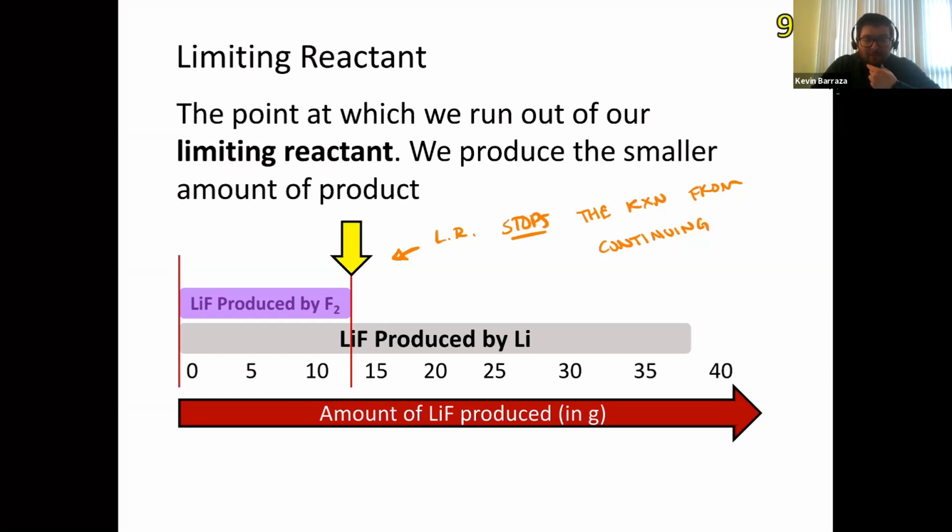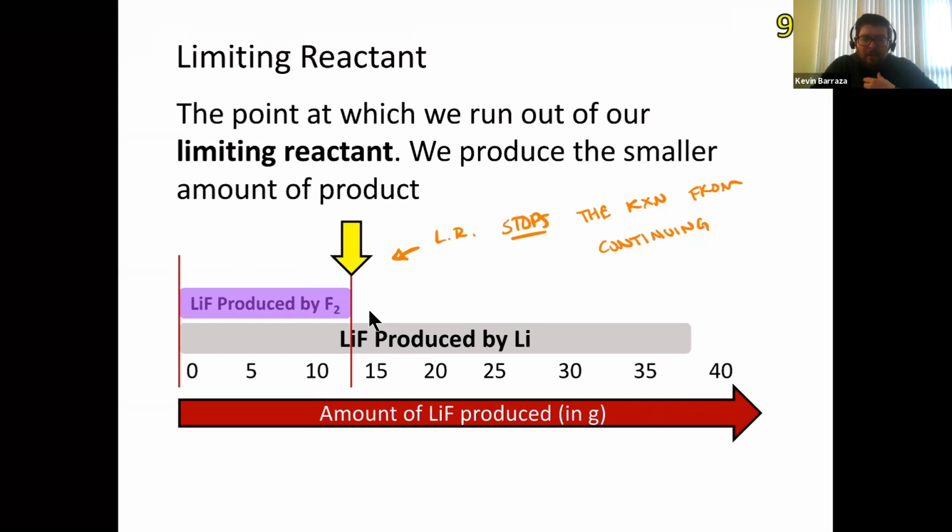And then a good question, which will continue in the second half of this lecture, would be, well, if I use up all of my F2, that implies that I didn't use up all of my lithium. So what happened to the lithium? So we'll pick up figuring out how much lithium is left over.